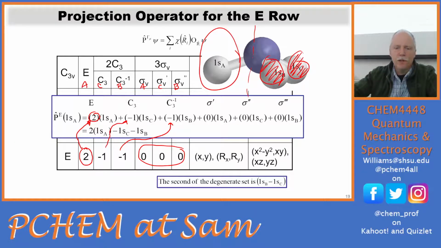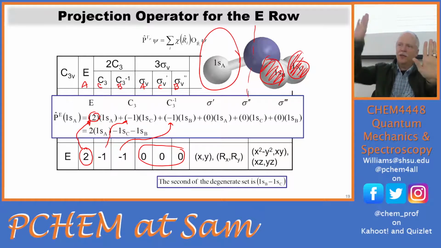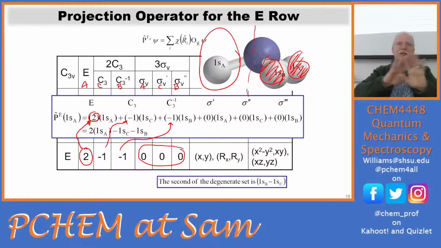Okay. Now, the other combination is, if we've used A sort of having twice the effect, if we put the node along the A axis, that A bond, 1SA bond to the nitrogen, then it can't participate at all because it's a 1s orbital. That node splits that 1s orbital. And so it's just not used in the second combination. The second degenerate set is 1SB minus 1SC.